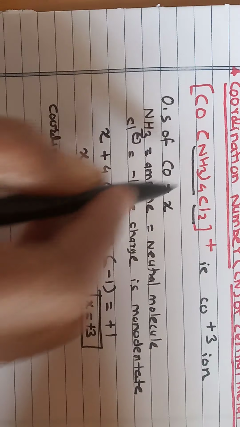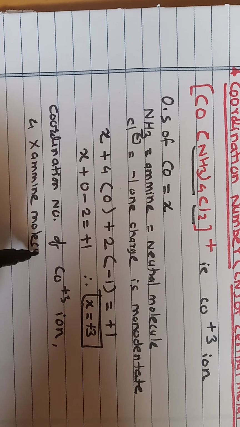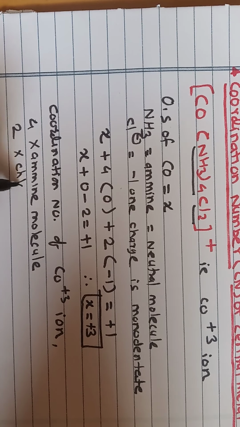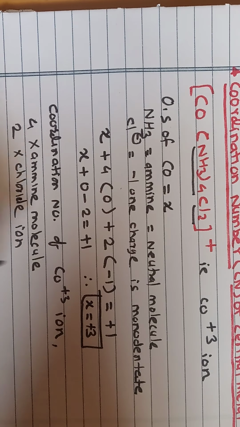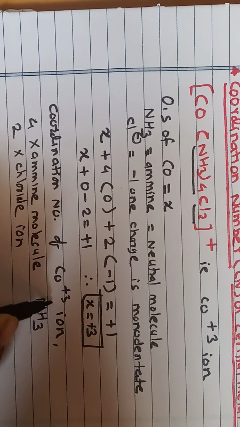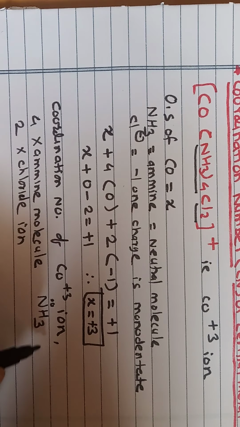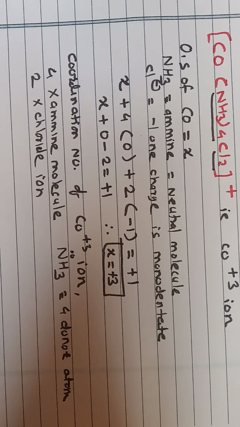This complex has 4 amine molecules as donors and 2 chloride ions as donors. We know that in an amine there is only one nitrogen as a donor. So there are a total of 4. These are the 4 donor atoms from the 4 amines.